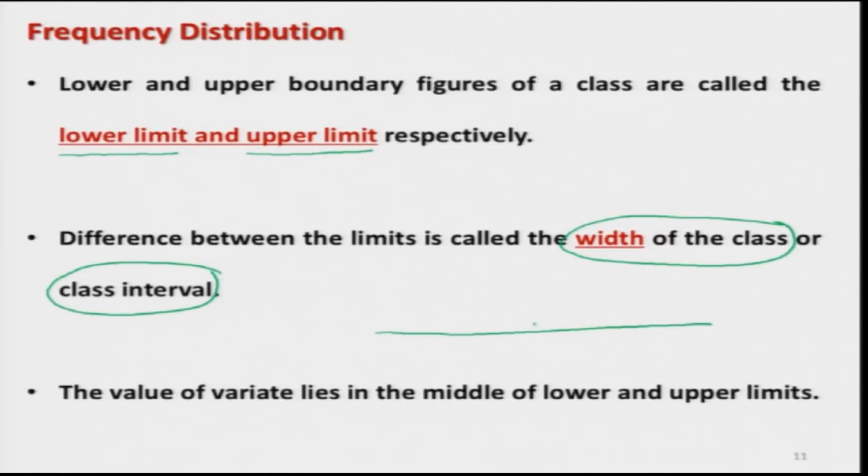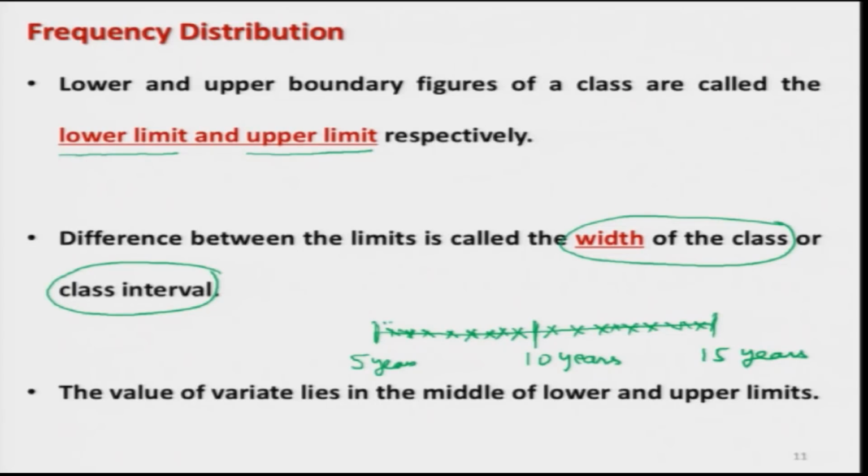Suppose I take two intervals, say age is 5 years, age is 10 years, and age is 15 years. And suppose I collect the data, the age comes out to be 7 years, it will come here, age comes out to be 8 years, that will come here. Age comes out to be 9 years, that will come here, and so on. There will be many observations in this interval. And similarly, all those ages which are lying between 10 years, 11 years, 12 and so on up to 15 years, they will be lying in this interval.